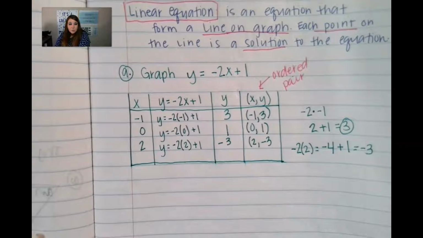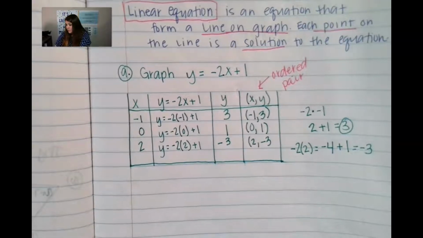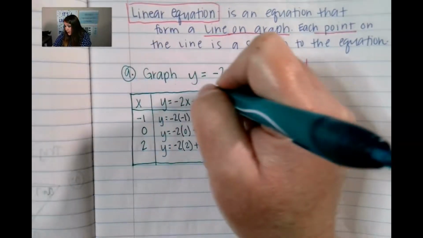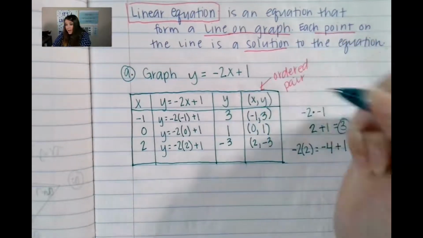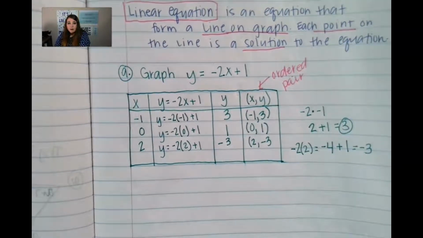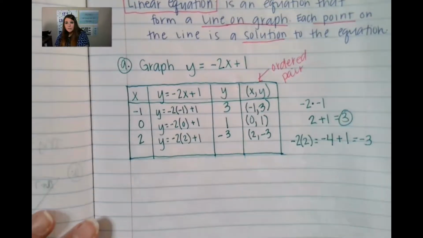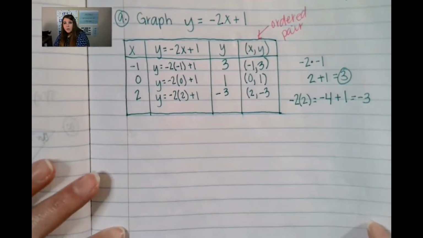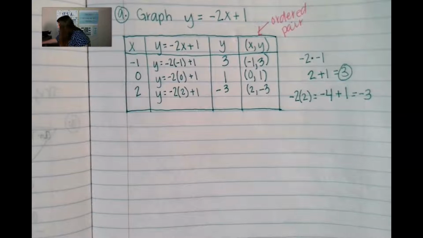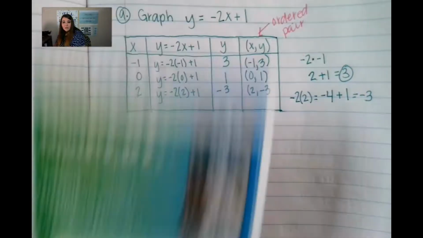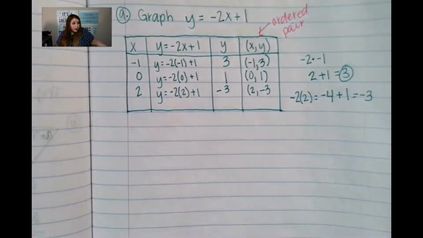So now what do we do? Well, we're going to take this information, the x and y, and we are now going to create a graph. You should have received some graph paper in your supplies, and it would either look like this or like this, but it should be sticky graph paper.